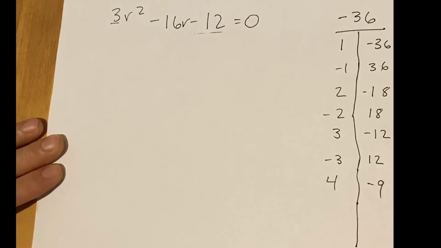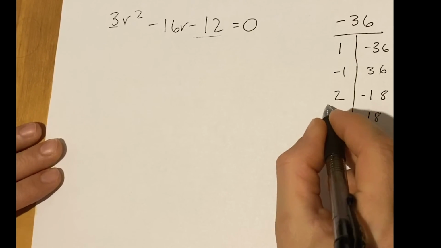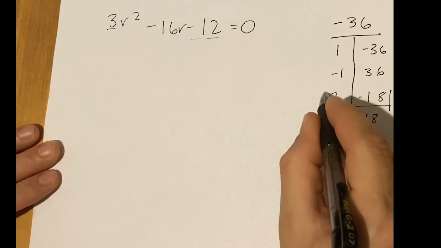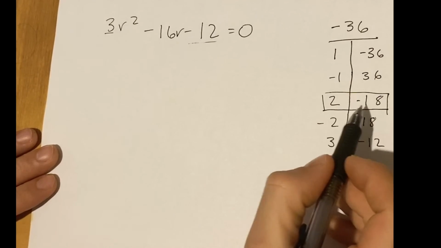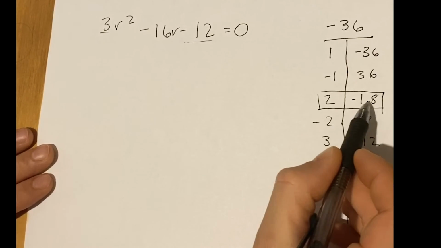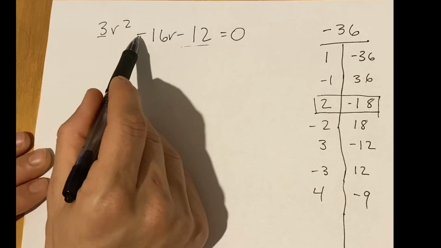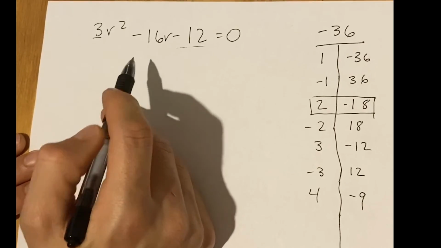There are a lot of factor pairs here, but I'm seeing the one that I need right here: negative 18 and positive 2. If I combine those two numbers, I get negative 16.